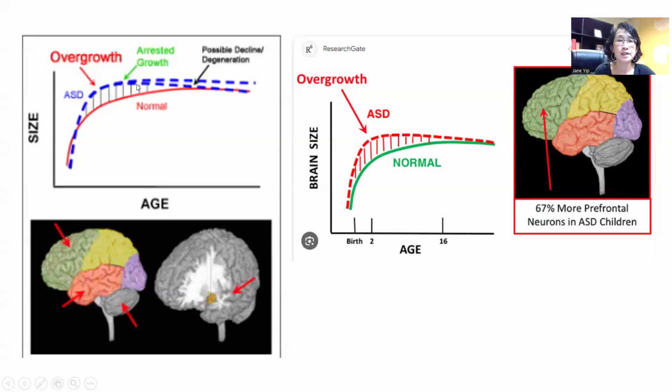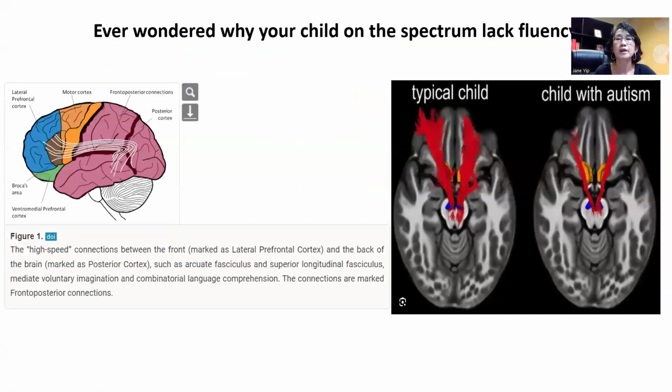It can affect growth process as the child matures and more complex function is needed. And there could be possible decline and degeneration as well. So early decline. And these are some of the reasons that can contribute to lack of speech development.